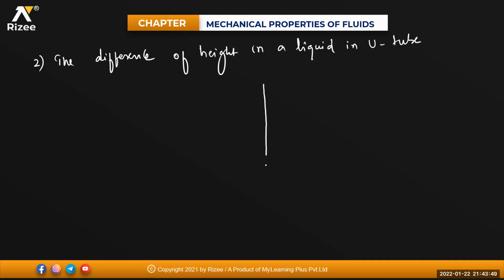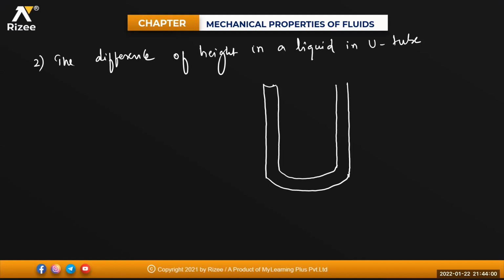Let's say the U-tube is something like this, and there is a liquid in this one. If I take the reference from this one, beta, this is the difference of your height, that is delta h. This one has radius R1 and this one has radius R2. Clear, beta?